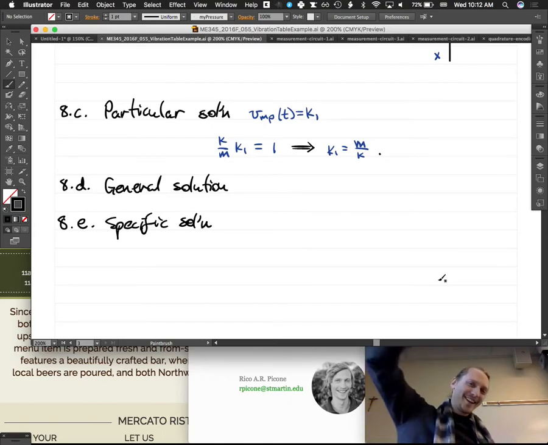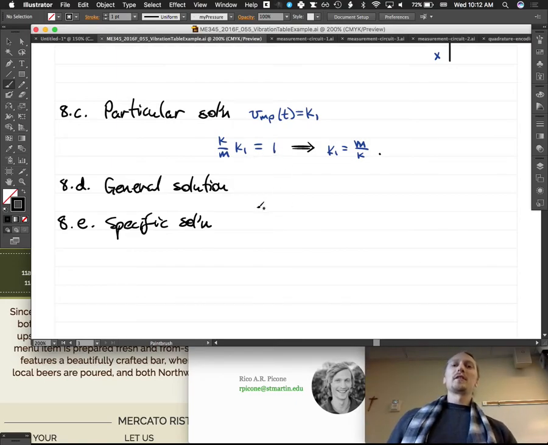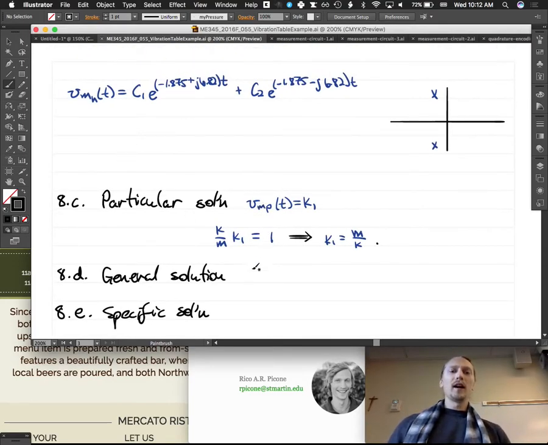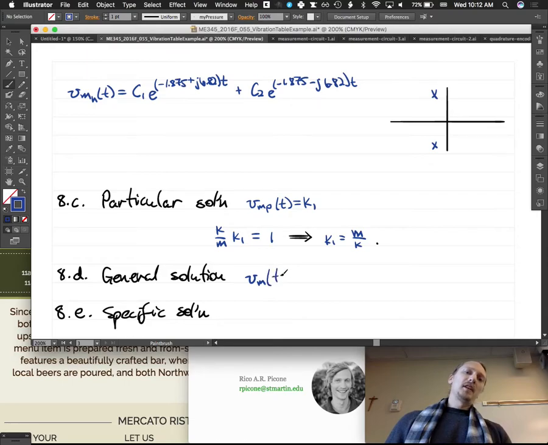People backing away. All right, the general solution, we know, is just the sum of those two, right? So Vm of t, you can put the subscript t or g if you want to, is Vm h of t plus Vm p of t.